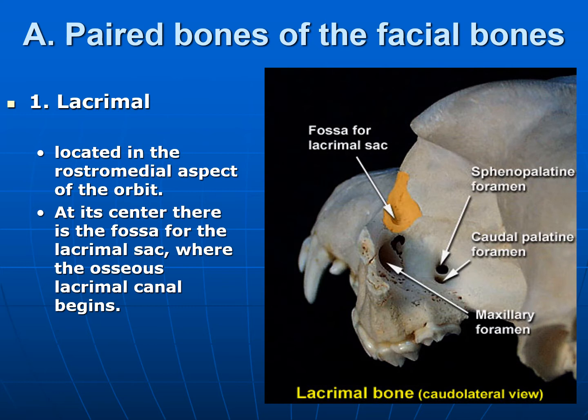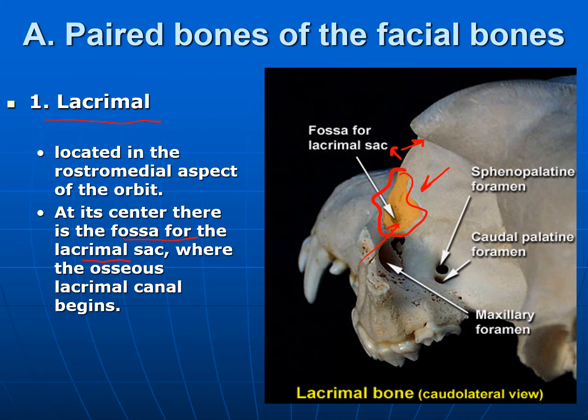So we'll start with the first of the paired bones of the facial bones. The first one is the lacrimal, and the lacrimal is found in the rostromedial aspect of the bony orbit. So this is the area where we have the eye. This area here we call the bony orbit. The most rostral and medial part is the lacrimal bone. In the center of this lacrimal bone, we have the fossa for the lacrimal sac.